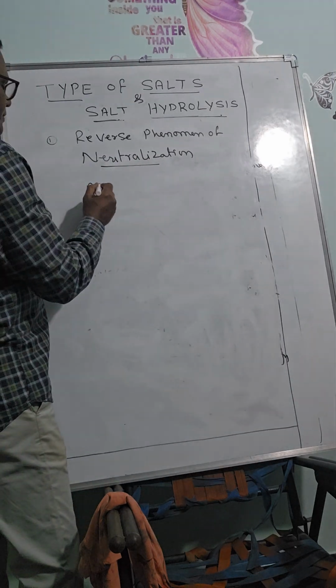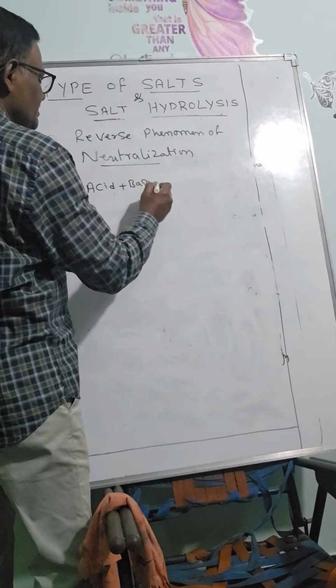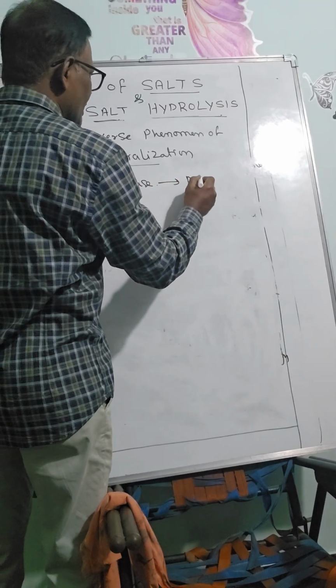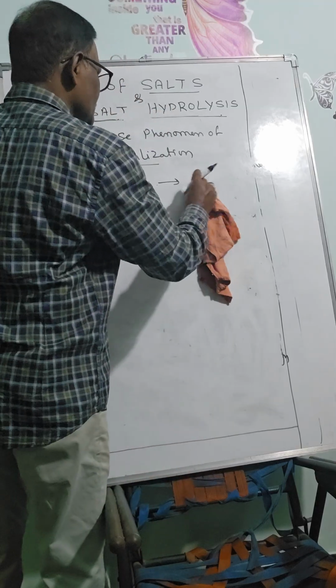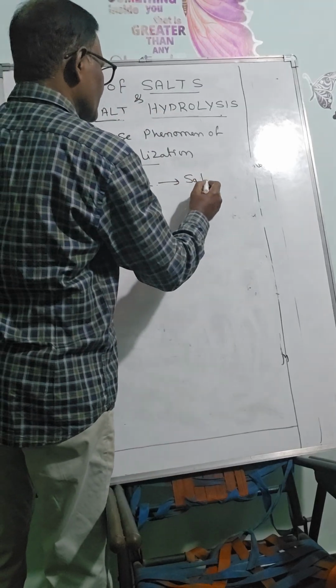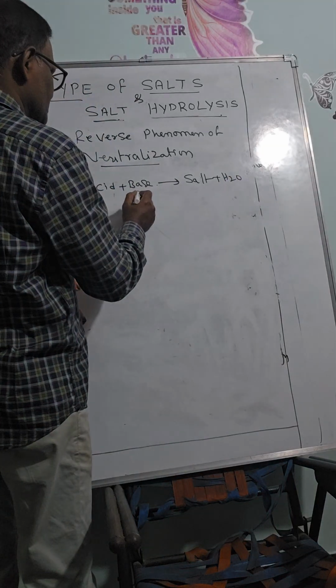Here an acid plus a base combine together to form salt and water. So salt plus water is formed. This is called the neutralization process.